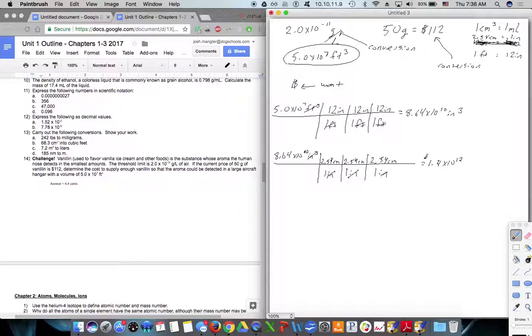Something you're not seeing here. This value is rounded, but for my next calculation, I'm going to use the unrounded value in my calculator to keep going.